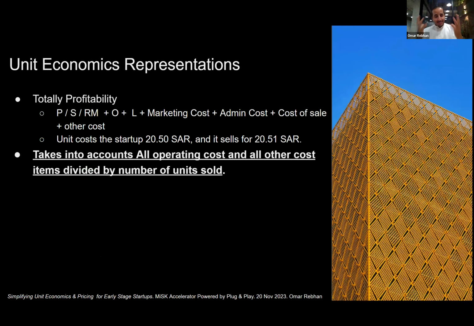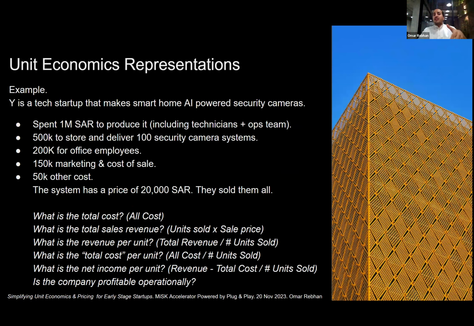Total profitability, it's very clear. It takes everything into account, right? Let's look into the unit economics of that on the same example, and how it changes. It takes into account all operating costs and all other cost items divided by the number of units sold. The same example, the same questions, but now we have more cost added.